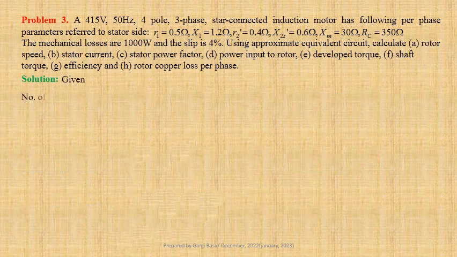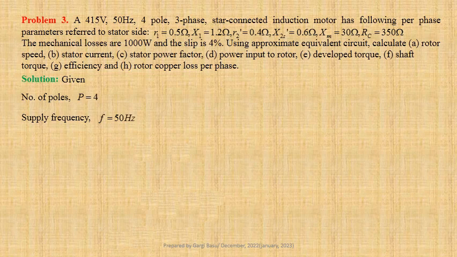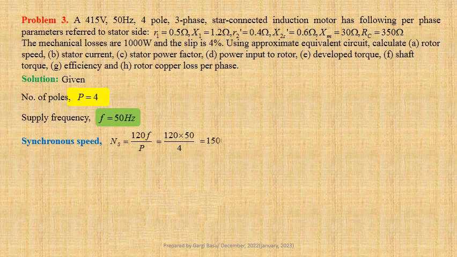Given number of poles of the machine P equals 4 and supply frequency F equals 50 Hz. Let us now calculate synchronous speed. Ns equals 120 F by P. Using values we get 120 into 50 divided by 4, that gives us 1500 revolutions per minute. Now we shall calculate rotor speed.